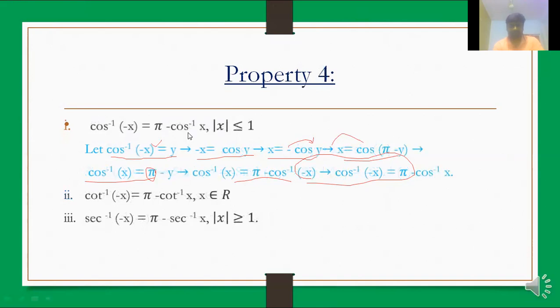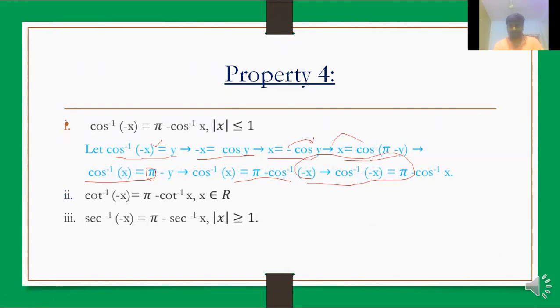Now property 4: cos inverse of minus x is pi minus cos inverse x. For these three, cot inverse of minus x is pi minus cot inverse x, secant inverse of minus x is pi minus secant inverse of x. Only for these three inverse trigonometric functions, for negative value minus x, what is the result?